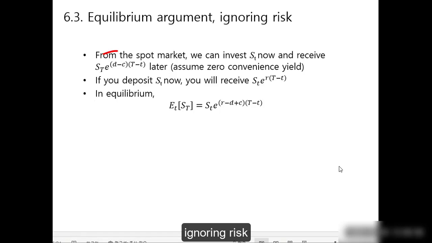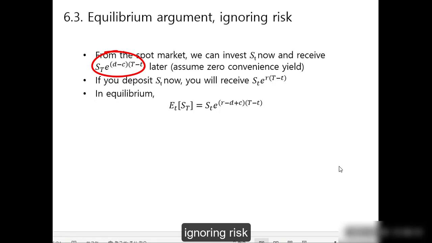So you will get paid this much from your underlying asset, and you will get paid some extra from income or any other type of dividend. You will have to pay a little bit for the storage. So the final payment will be like this.